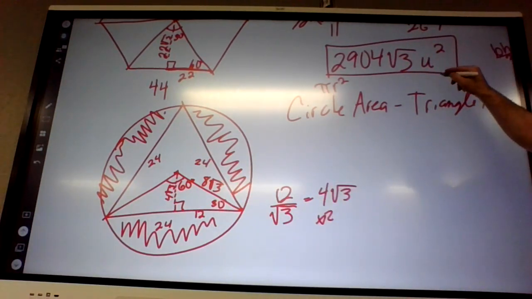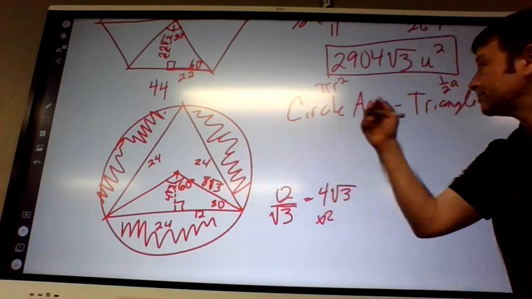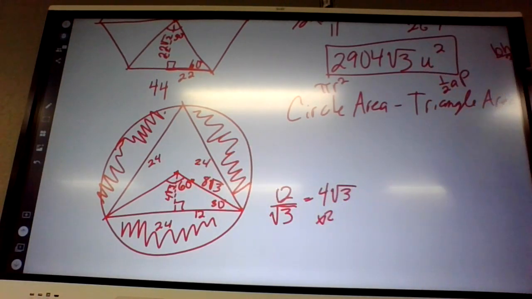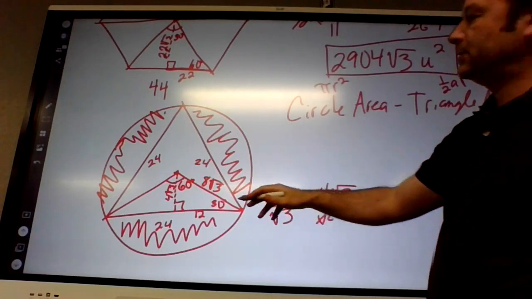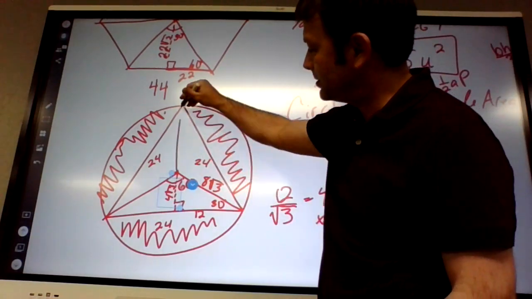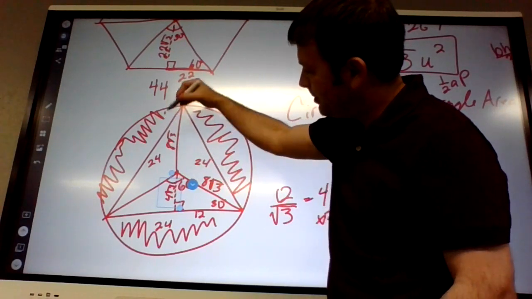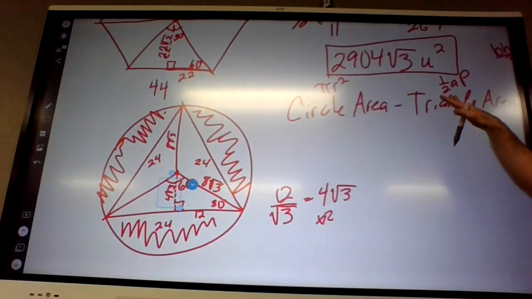It'd be a lot easier because we know the apothem. We don't know the height yet. It would be that plus that, because this is another radius. So the height would be 12 square root of 3. But I'm not going to do that. We're going to do 1/2 apothem perimeter.